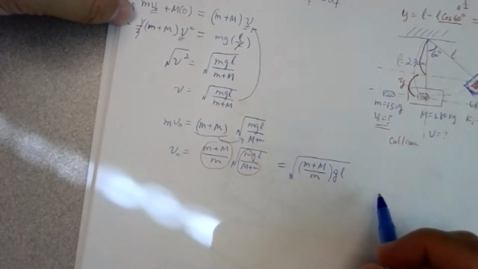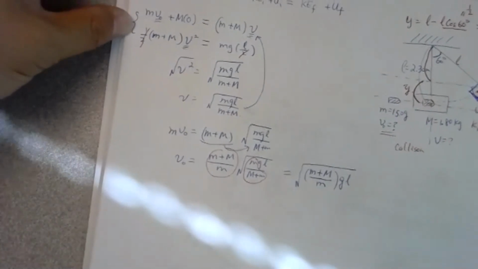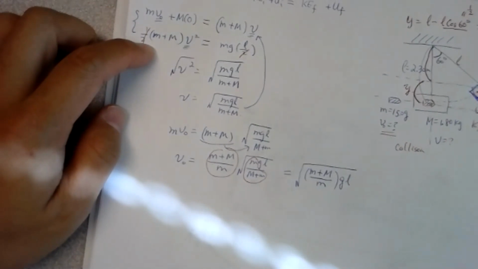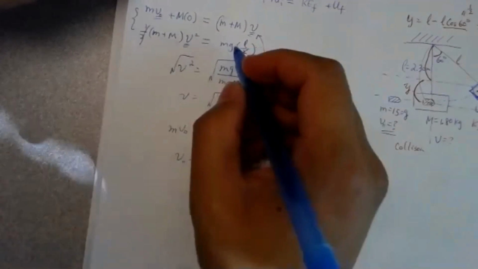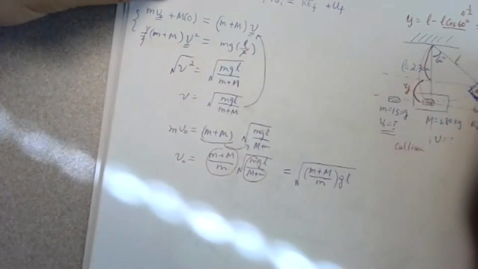So let me see. It looks like something went wrong here. Oh yeah, right, I got it. For the potential energy over here, this should be capital M plus small m, because they are together.